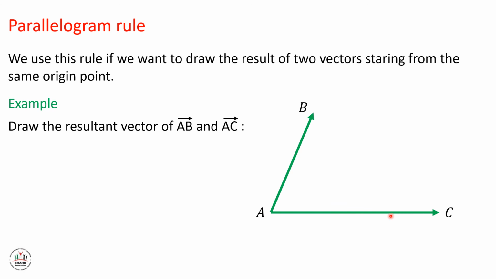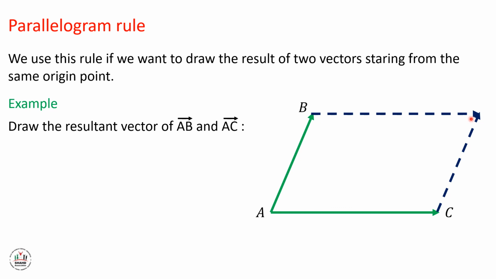So we start by drawing a parallel and equal line for side AC, starting of course from point B. Again, we draw a parallel and equal line for side AB.